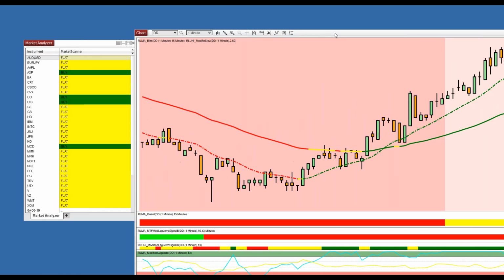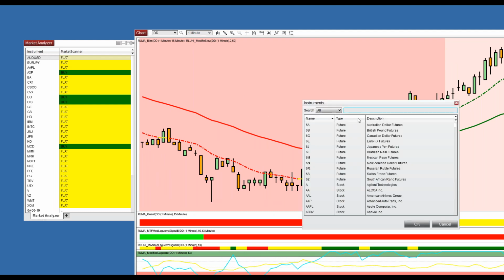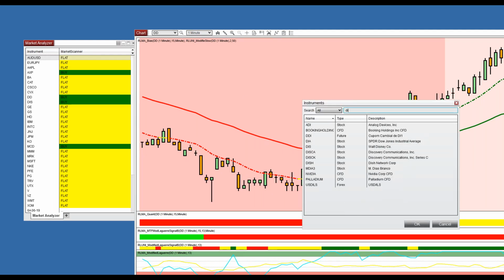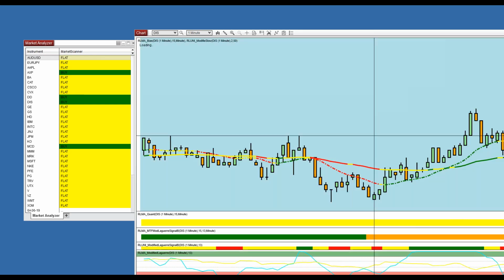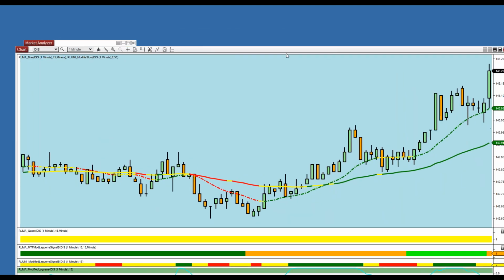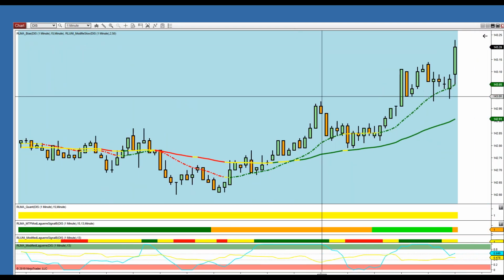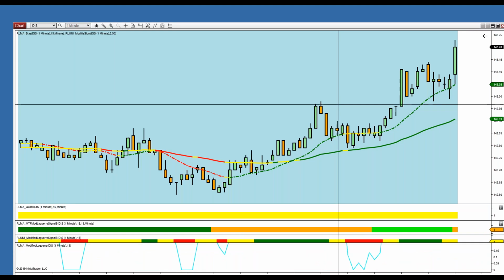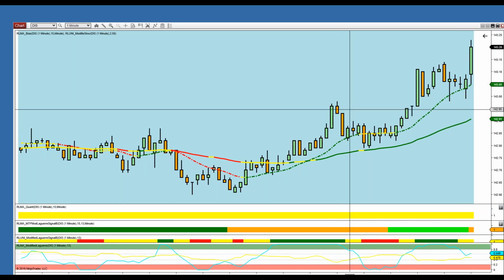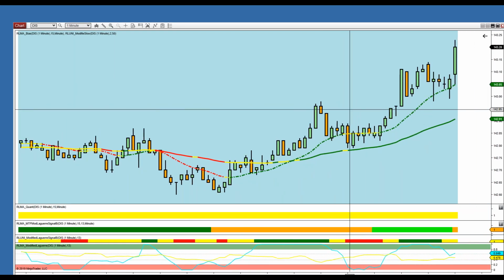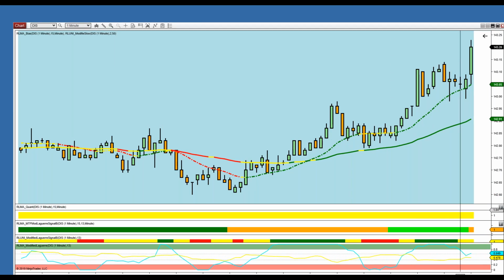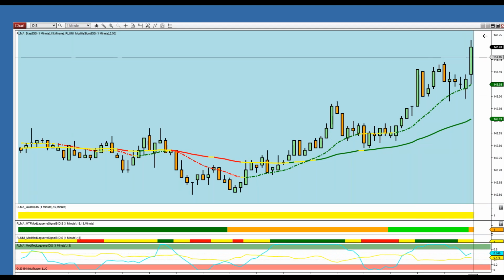Let me find one other instrument here. Let me find Disney. Okay. Now, I'm sure it's because the market is closed. But you can see where Disney is heading.